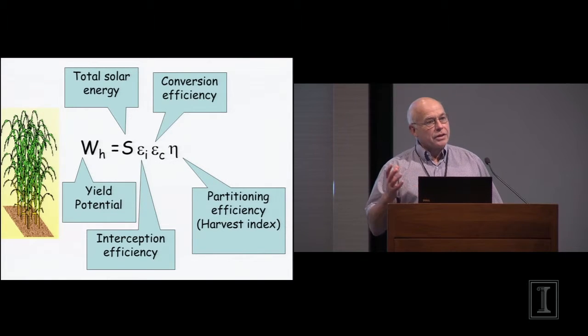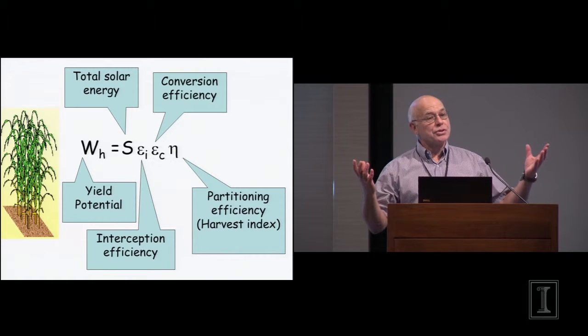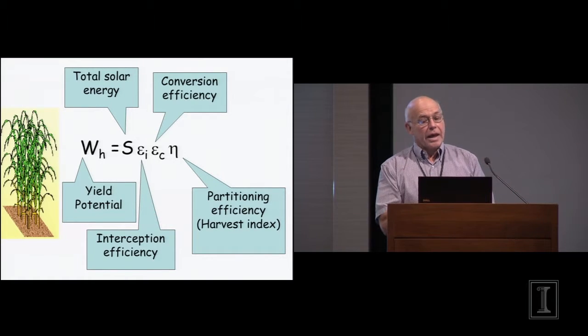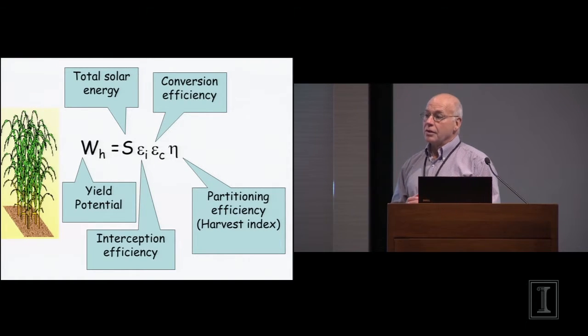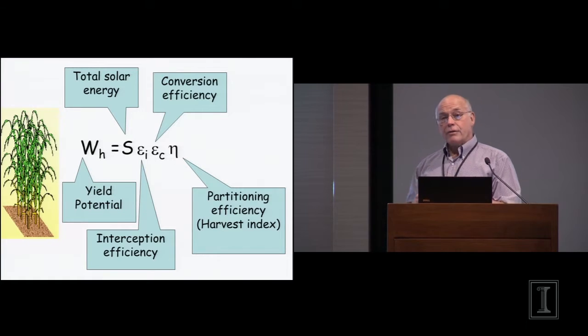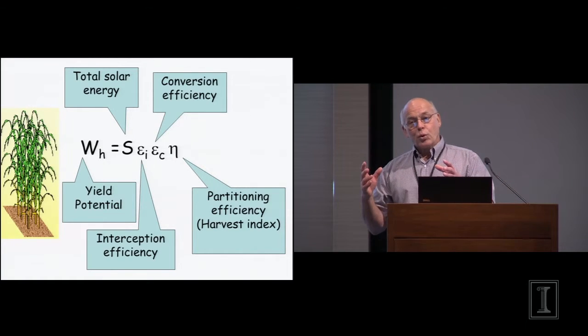One is the efficiency with which the crop canopy captures the available light. Then the efficiency with which photosynthesis in this crop canopy converts that available light into biomass. And finally, the efficiency with which the crop is able to convert that above ground biomass into the part of the crop that we find useful. This is often known as harvest index.